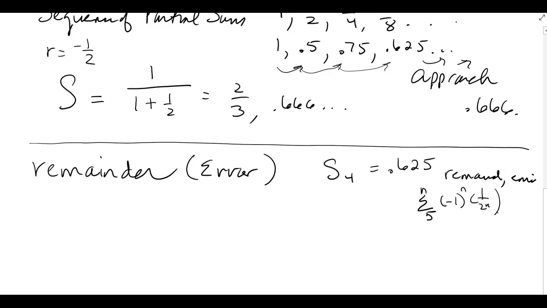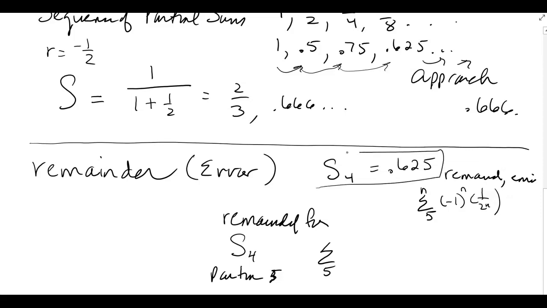And the idea behind it is that the remainder for the partial sum of 4, sorry about that, don't mean to confuse you, the remainder of partial sum 4 is written as this.